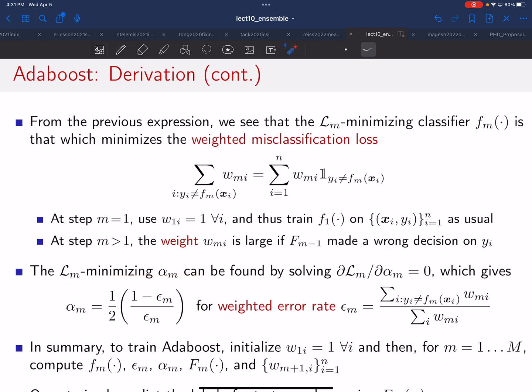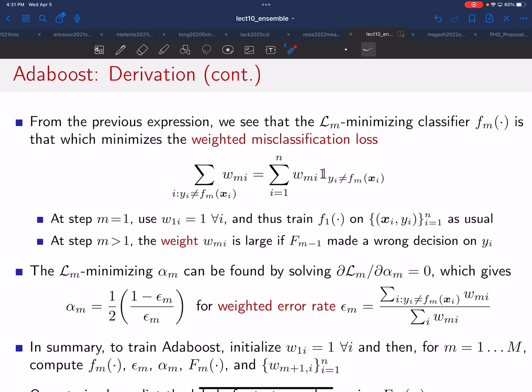form, where this epsilon, you can interpret as a weighted error rate. So let's see what we mean by that. So imagine that all the weights are 1, which is what happens in the first stage. So then this is exactly the error rate. It's a number between 0 and 1, where you're counting up the number of places you made a mistake over the total number of samples.